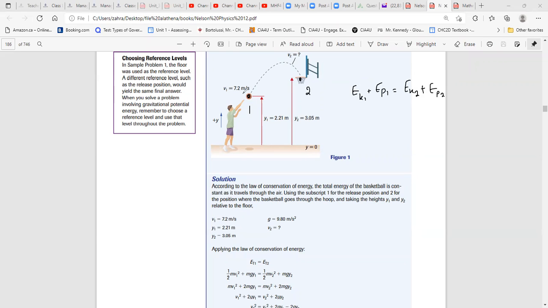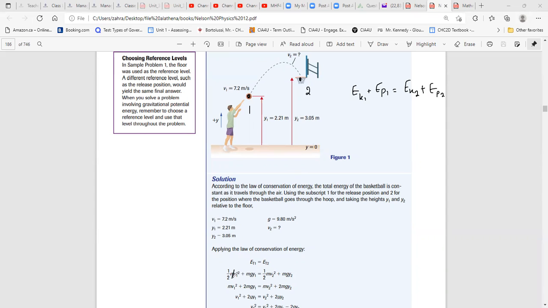Kinetic here is going to be half mv squared, potential is going to be mgh, as you see, put that mgy here. And here is half mv squared plus mgh for that. Just make sure you put it for the second point.